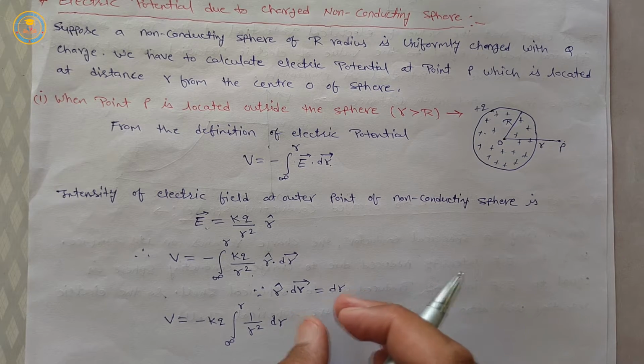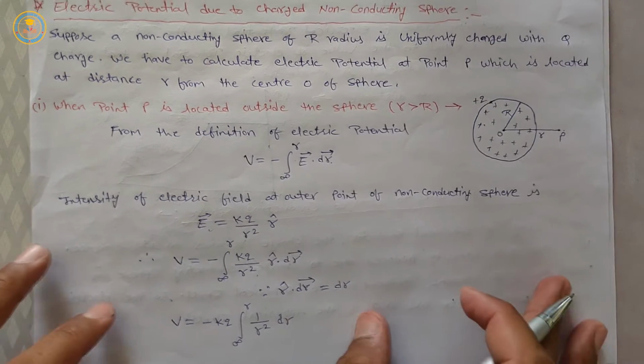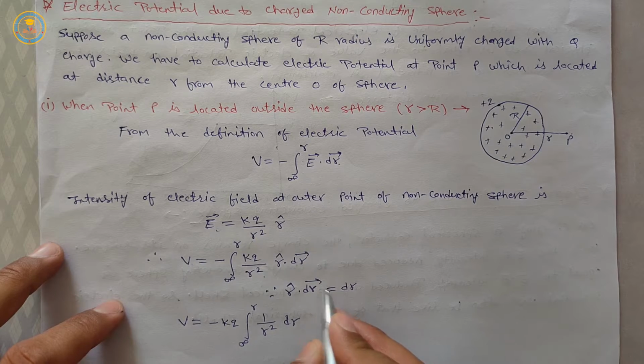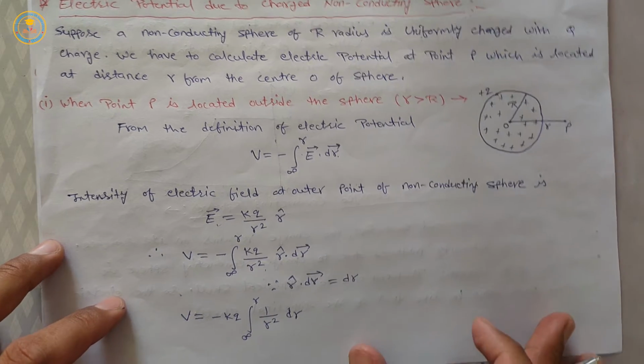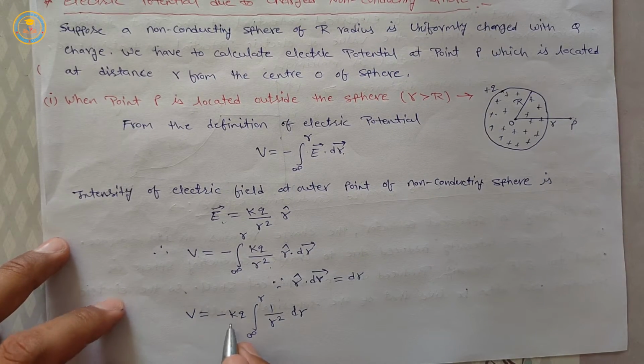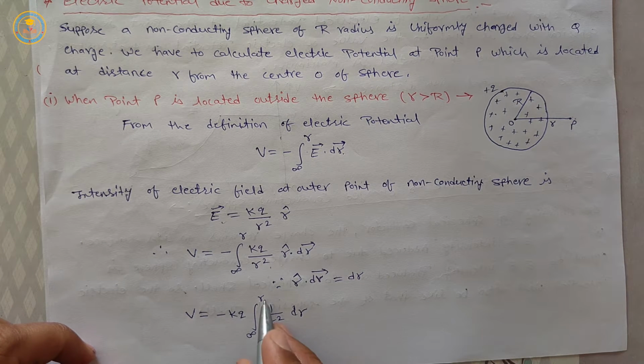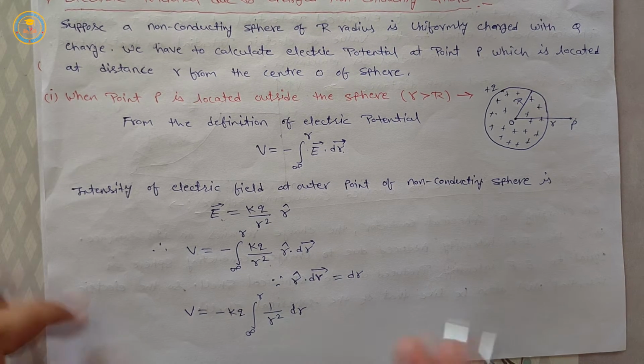We write the same, r cap dot dr vector is equal to dr. So V is equal to minus kQ integral from infinity to r of 1 upon r square dr.